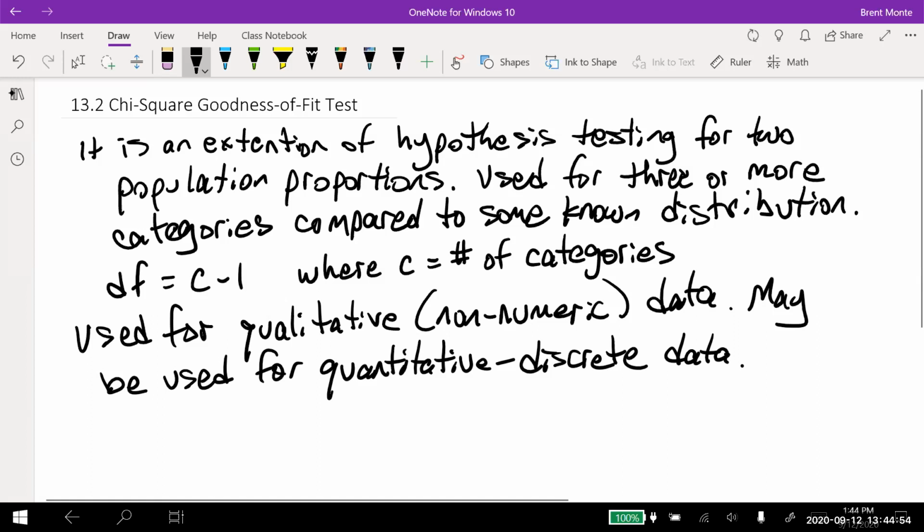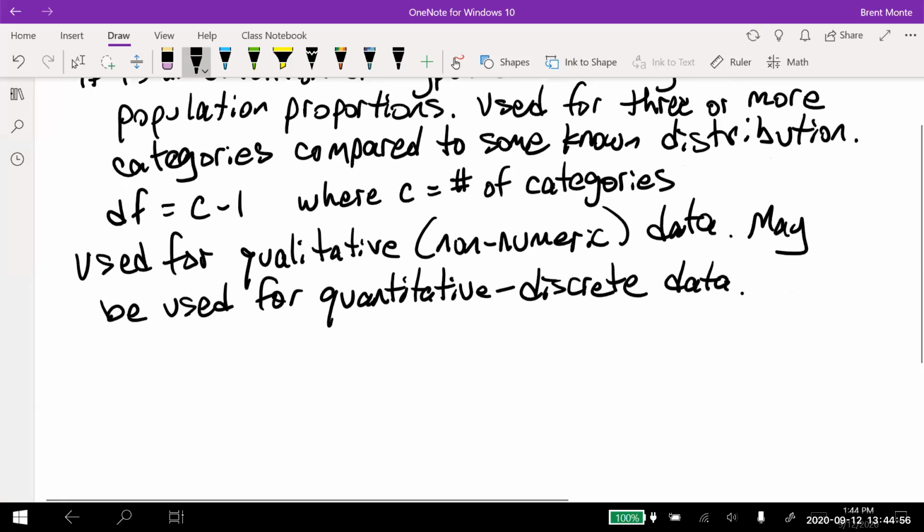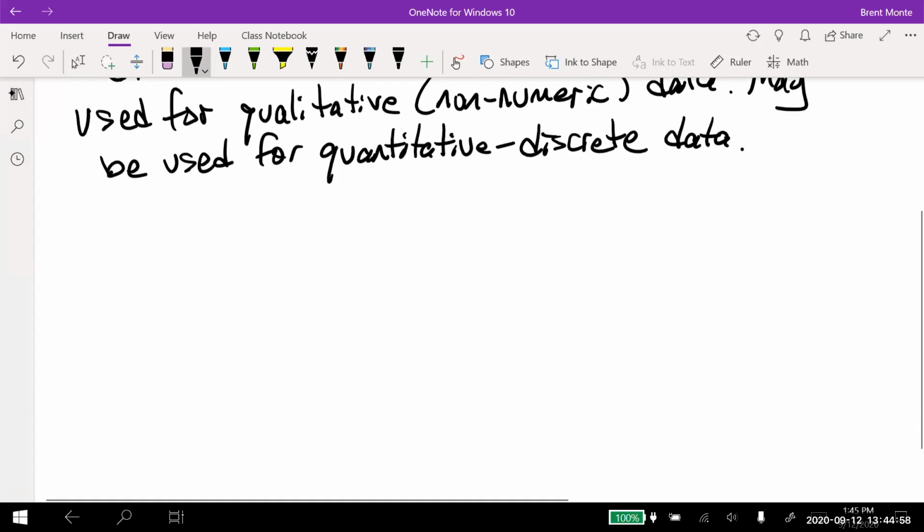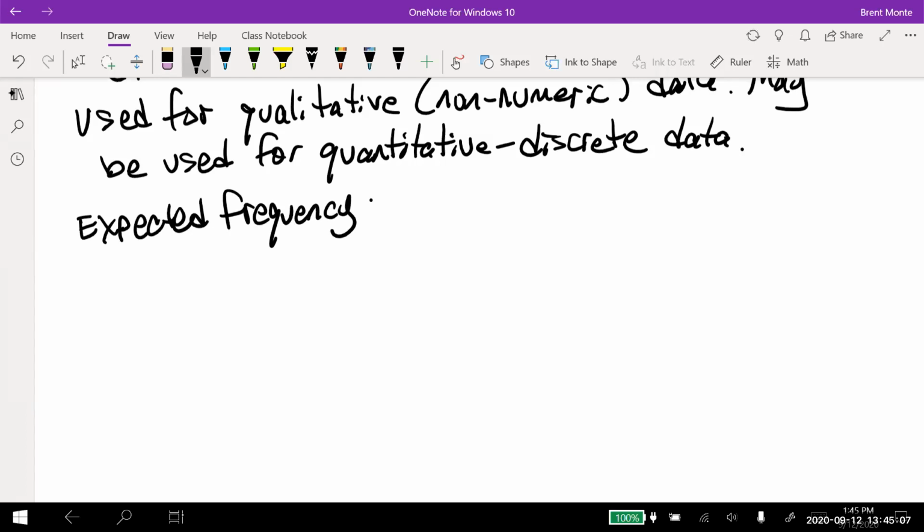So we already talked about the degrees of freedom is C-1. There's something that we talk about, the expected frequency. Think about if we're looking at a distribution and the distribution says 20% of the distribution is going to be green, and we're looking at 100 different elements.